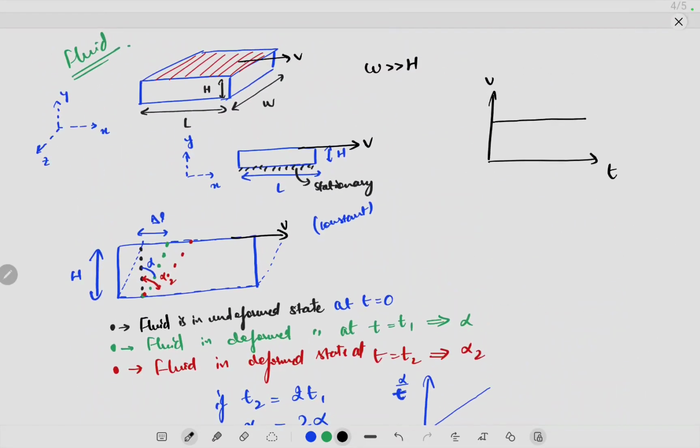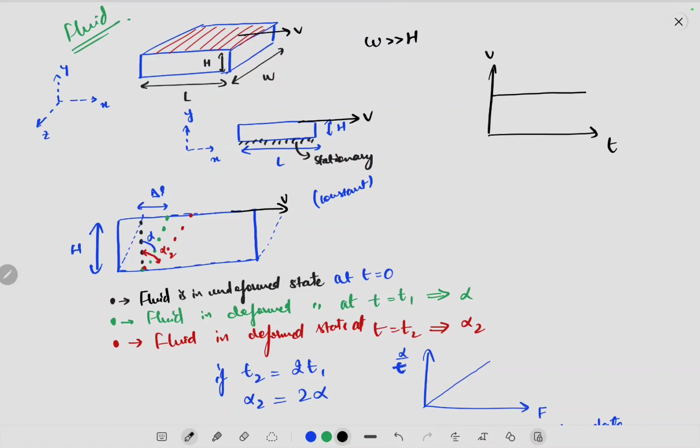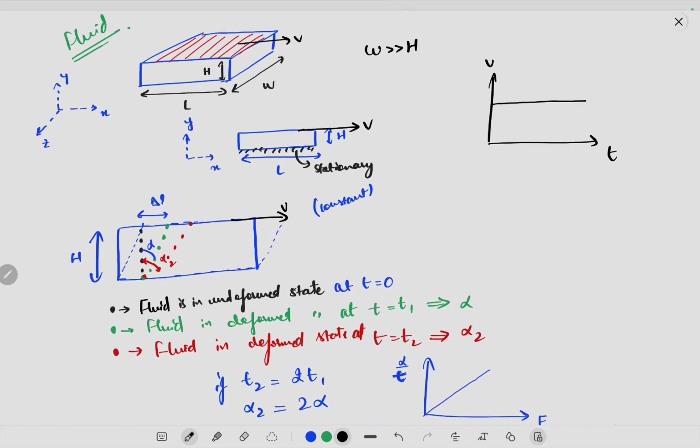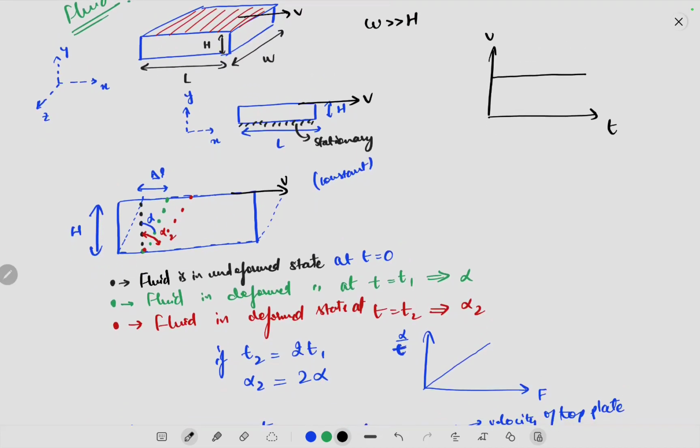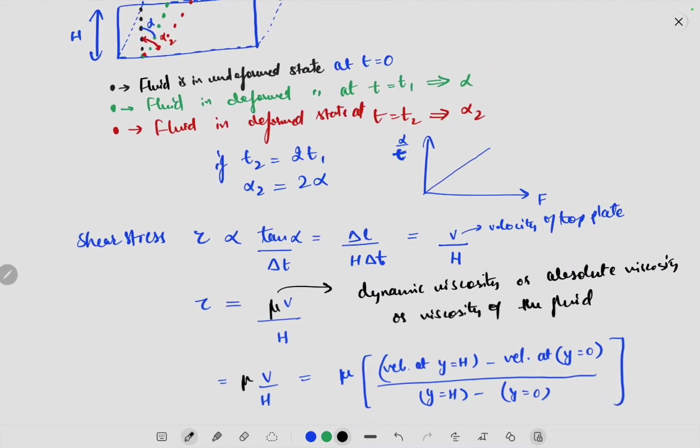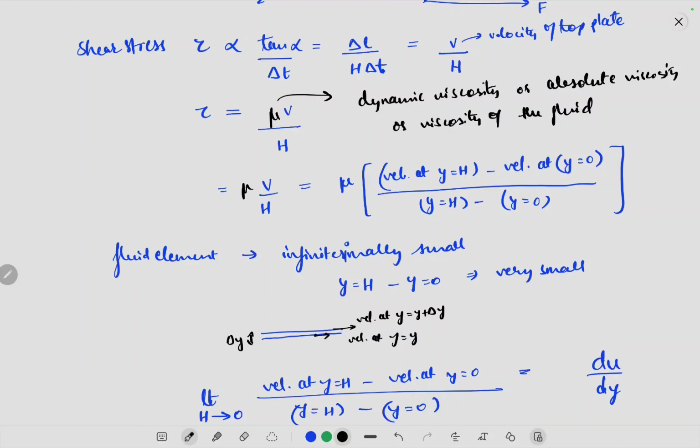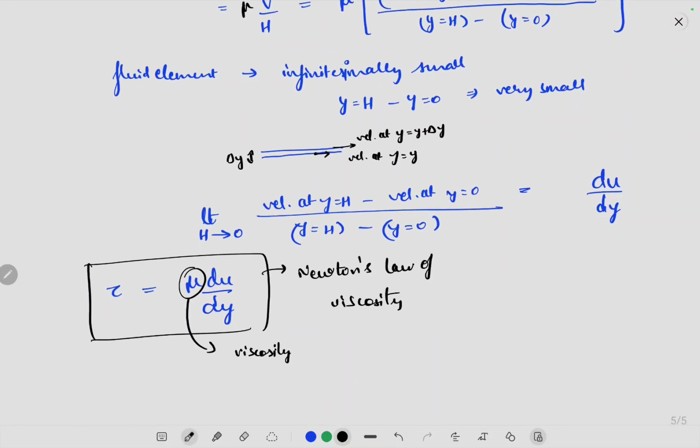So we studied the problem of a fluid element with its top surface moving with a velocity v. What law would that fluid element follow? And with this simple analysis we came up with the answer that it follows Newton's law of viscosity.